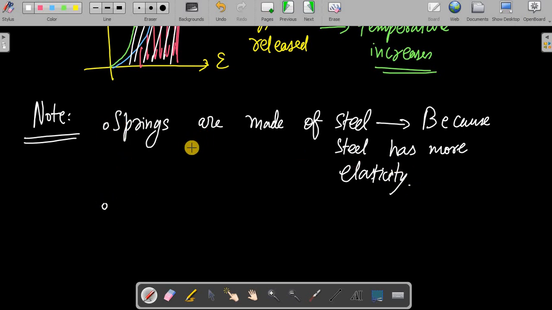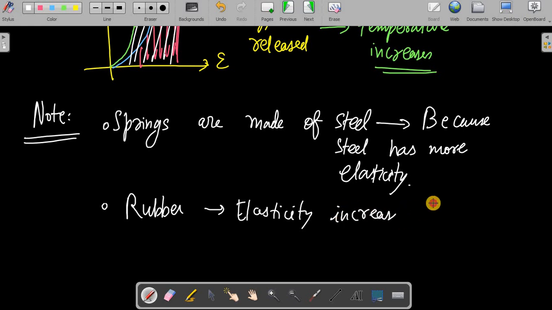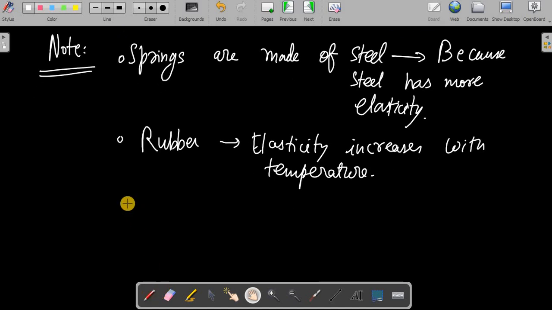Next thing that we should note is, what about rubber? For rubber, elasticity increases with temperature. With temperature, its elasticity increases. These are some of the points which we can note.